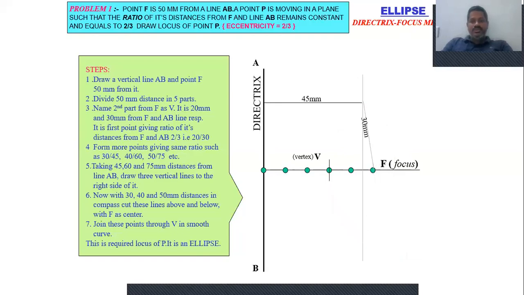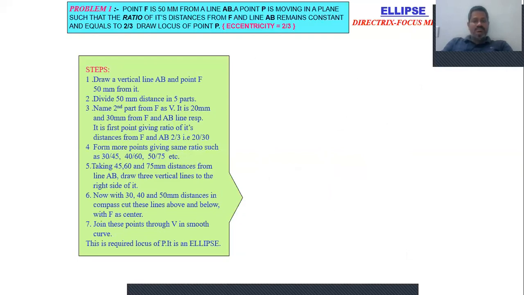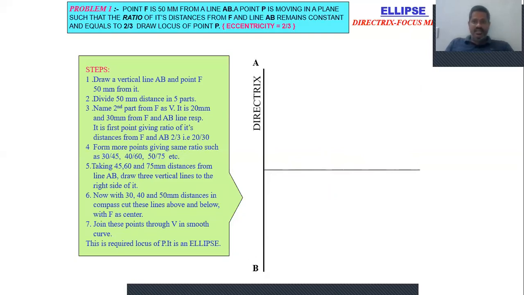Let me go back to repeat this problem. First you draw a vertical line, name that line as AB. This fixed line is called the directrix.